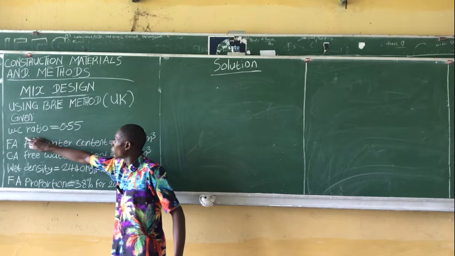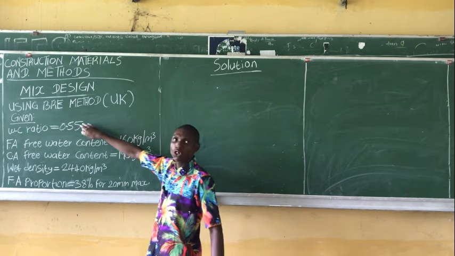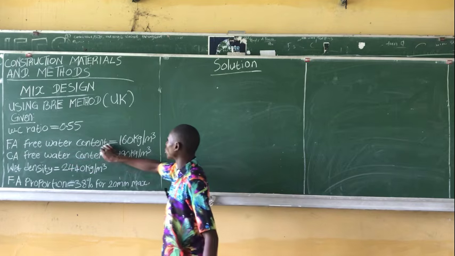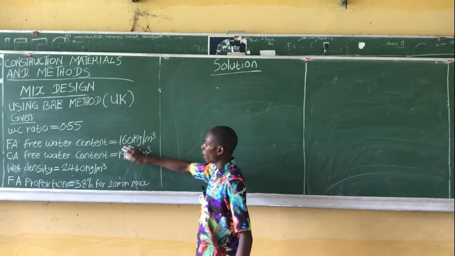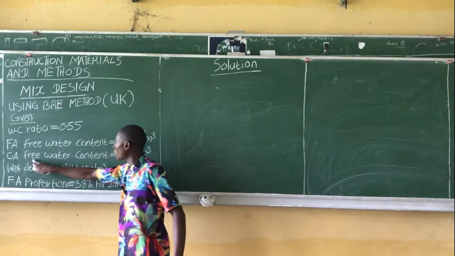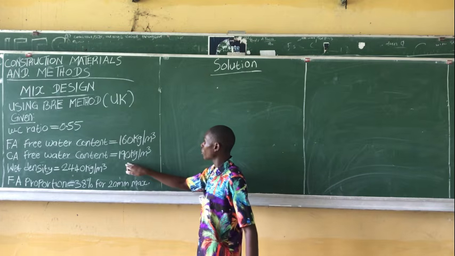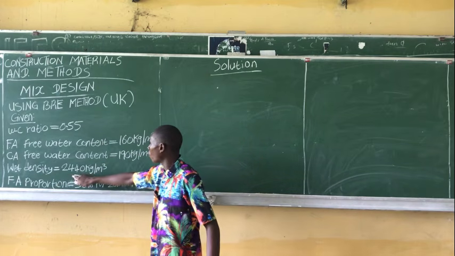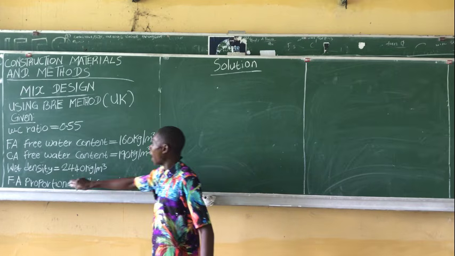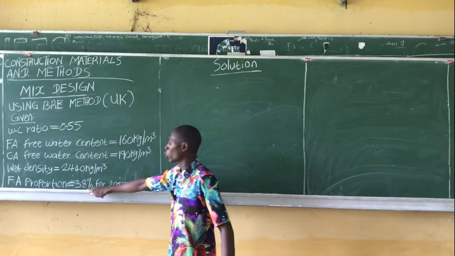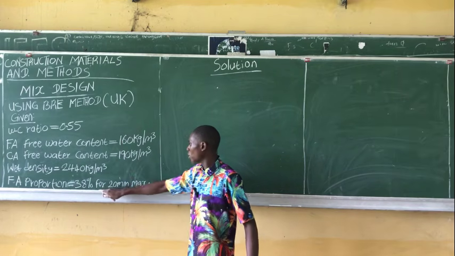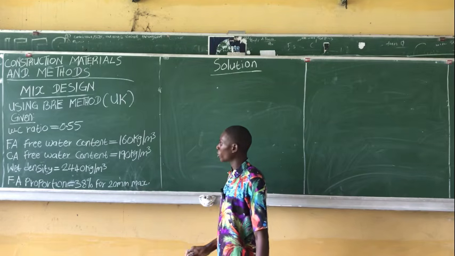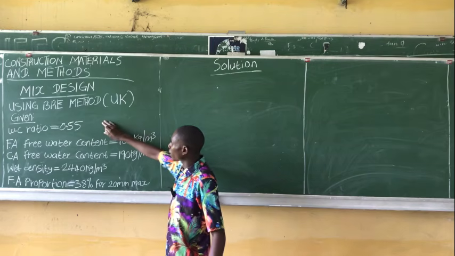So the given parameters: we have the water cement ratio to be 0.55, the fine aggregate free water content to be 160 kilogram per meter cube, the coarse aggregate free water content to be 190 kilogram per meter cube, the wet density of the concrete to be 2,440 kilogram per meter cube, and the fine aggregate proportion to be 38% for 20 millimeters maximum aggregate size. Okay, so we have gotten all the parameters.